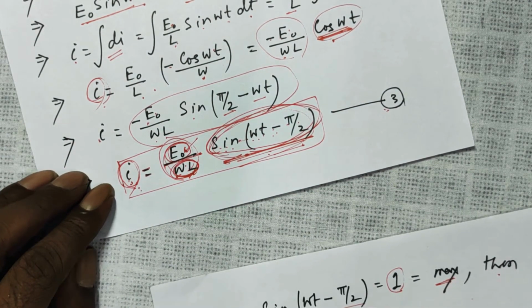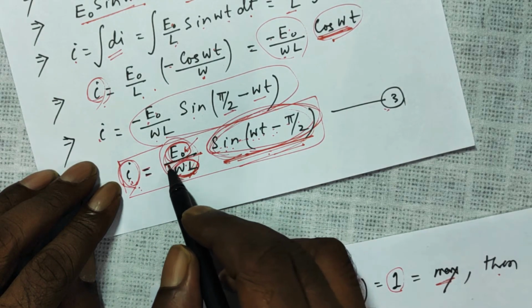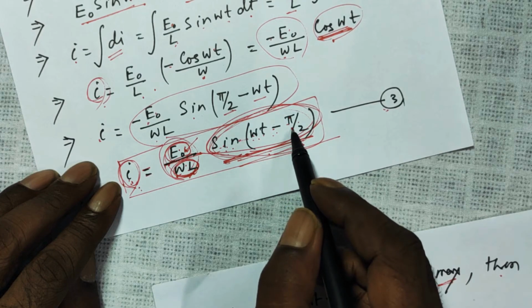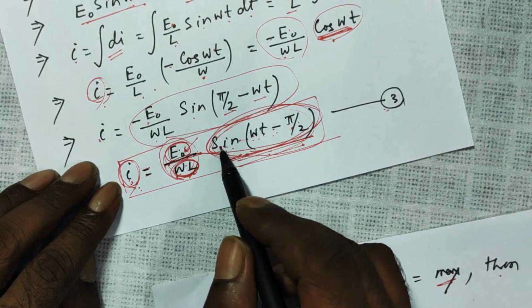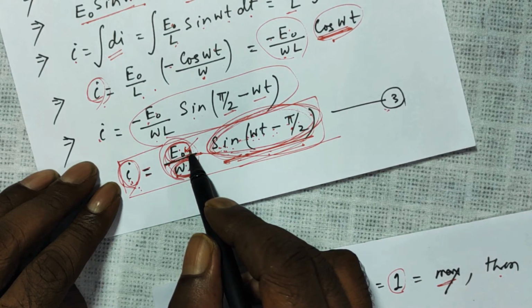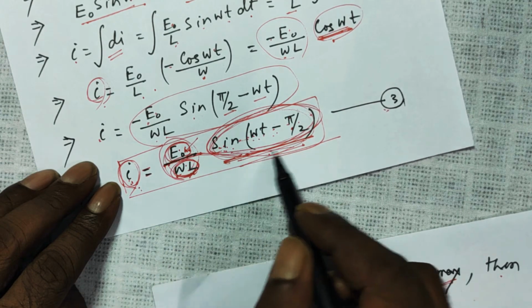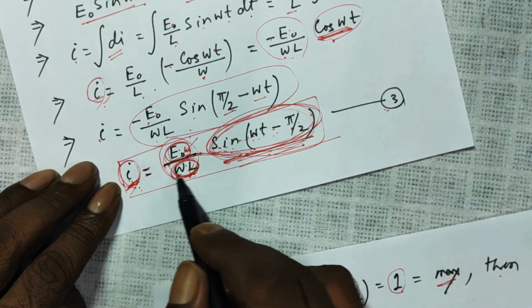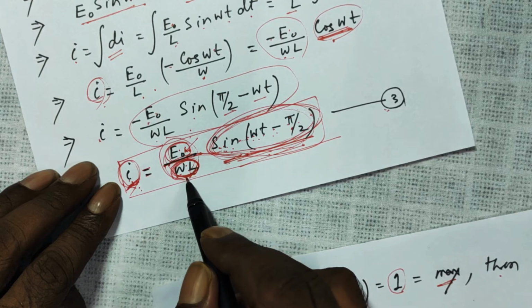Therefore, try to understand this part. E naught sin(omega t minus pi by 2) is in the numerator and it is a voltage, because the sine of an angle, this whole thing, is a number. Number into voltage is voltage. So what must be in the denominator to make this current? Because the left side is current. Therefore, the denominator should be resistance.